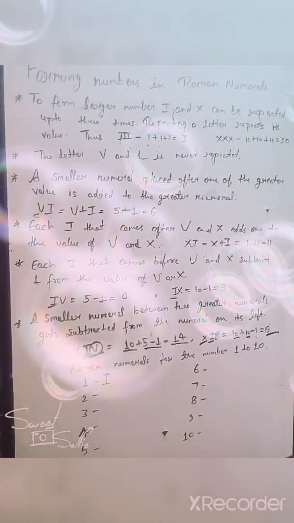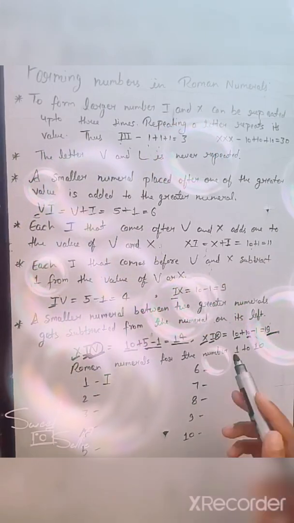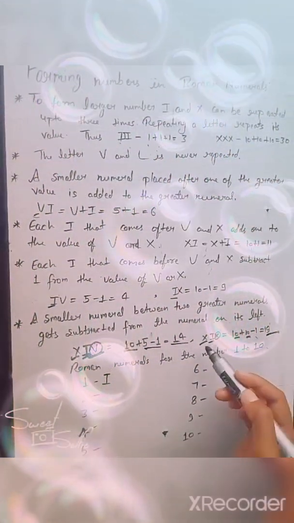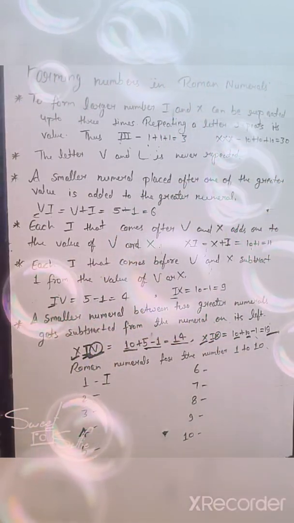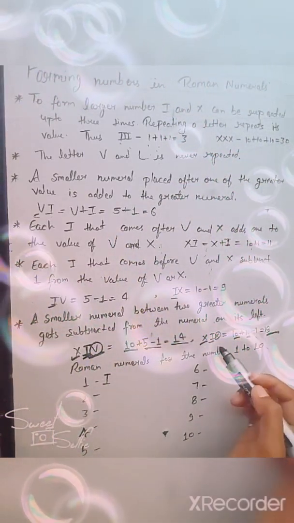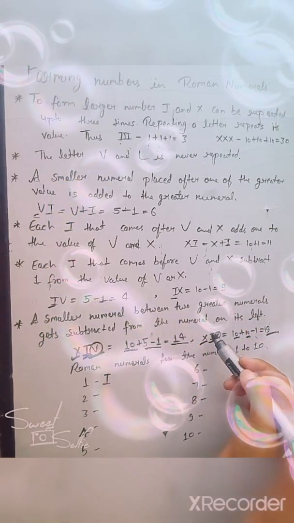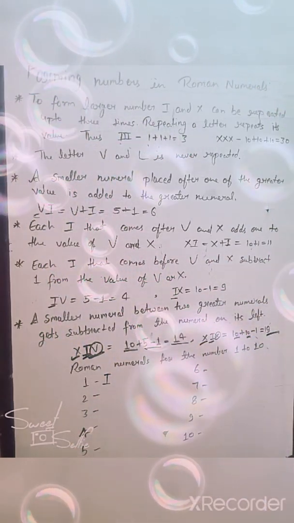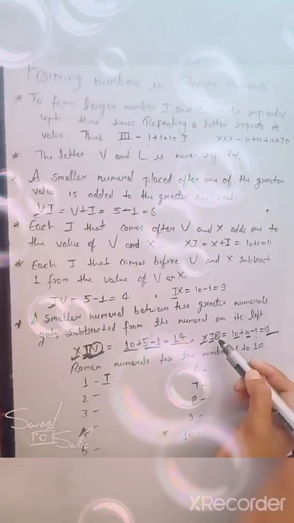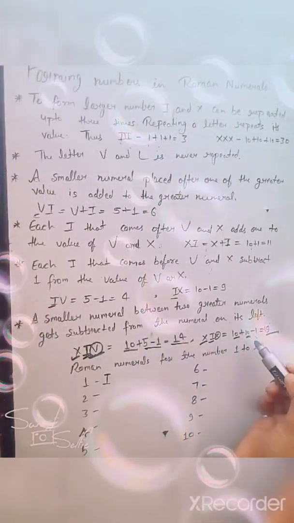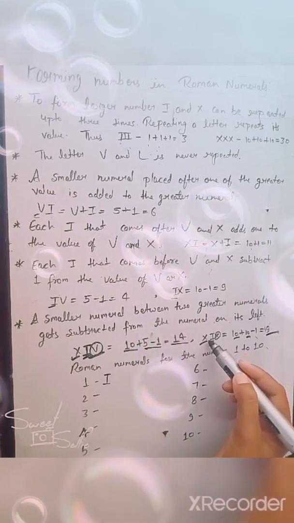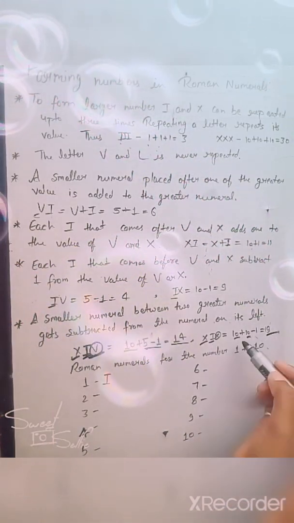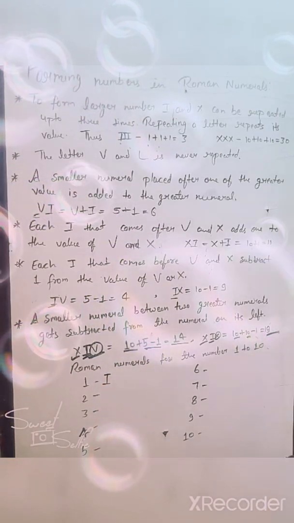Okay. And next XIX. First X value is 10 and again now we will subtract 1 from 10. Next X value is 10. So we have to subtract I from X, means 10 minus 1. So 10 plus 9 is equal to 19.